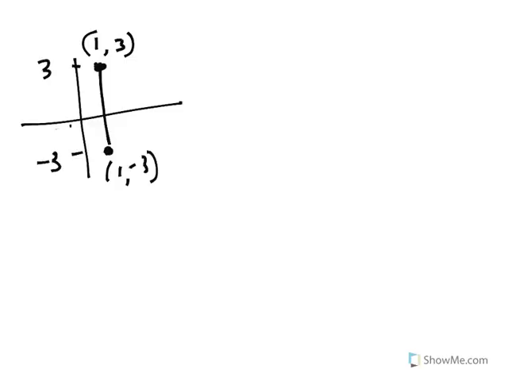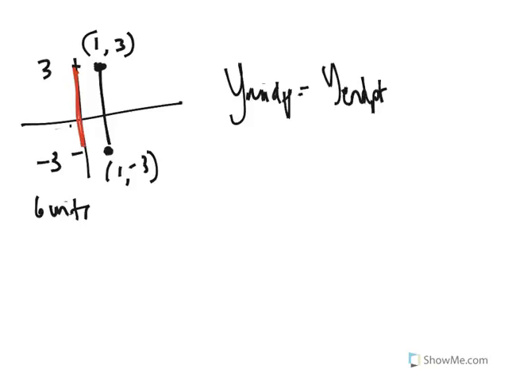Okay, so if we wanted to find the distance between these 2 points, we would obviously just add them together, and we would get 6 units. But we don't want to find the distance. We want to find the midpoint. So just like we used the x midpoint formula, we're going to use the y midpoint formula, which is y endpoint plus y endpoint divided by 2.